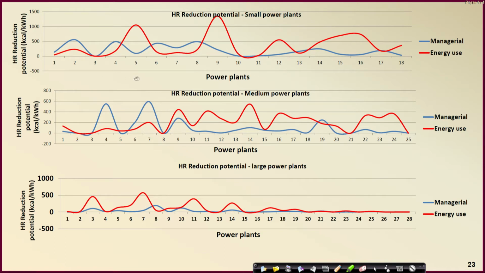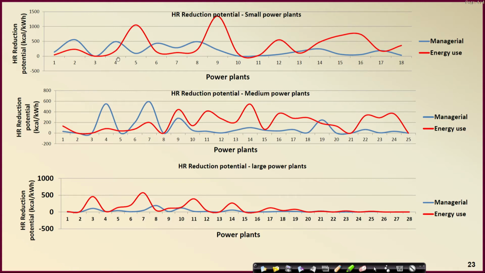So, what is this data really found? These are the results that have been found. You can see that in the small power plants, the first graph, second graph and the third graph. These are the different units. There are 18 units in small, 25 in medium and 28 units in the large. Let us say what is true for the fourth unit.